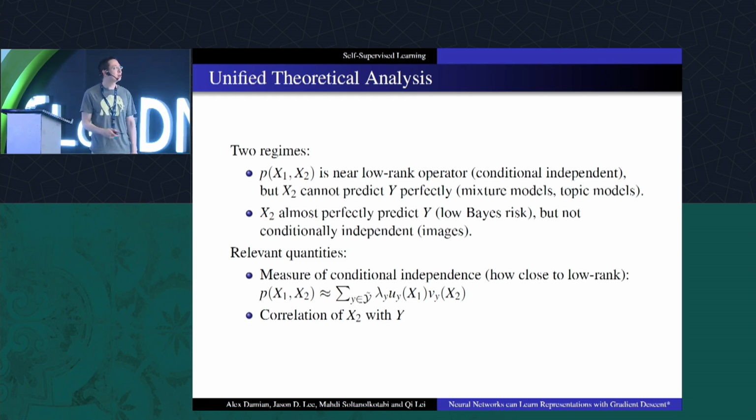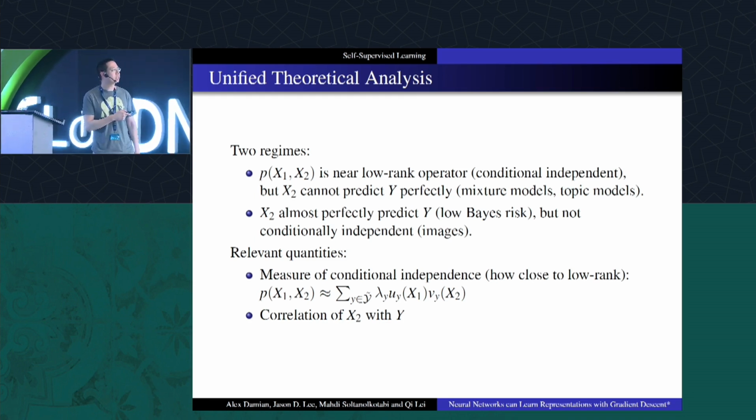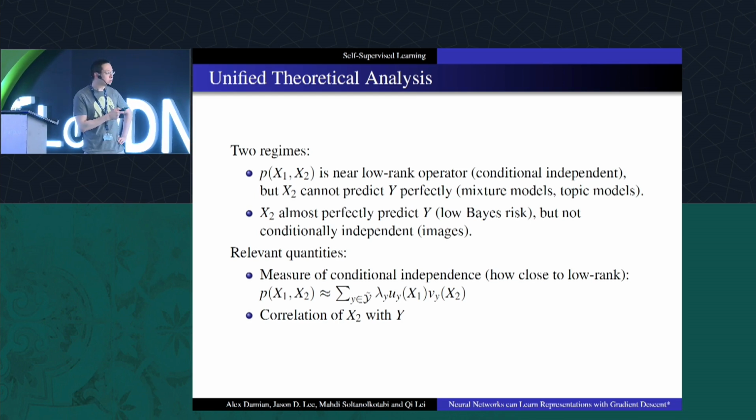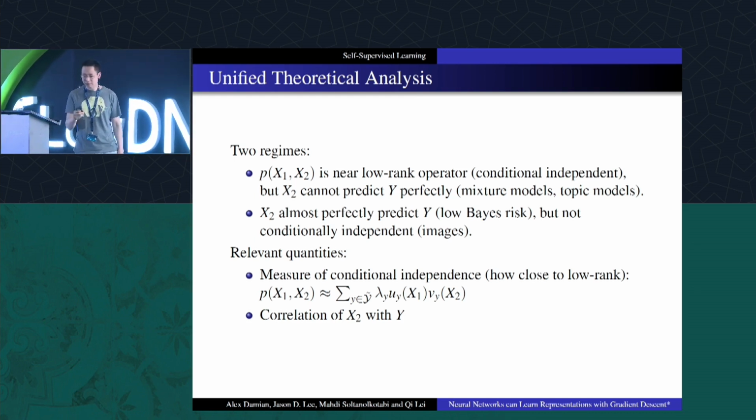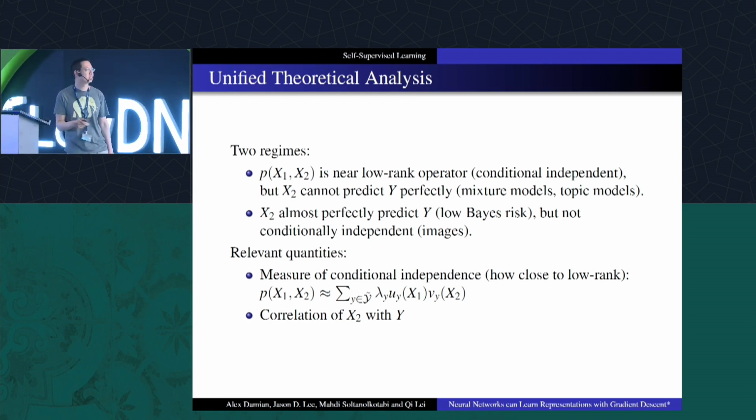The regime we usually think about for the masking methods is where the joint distribution between x1 and x2 is a nearly low rank operator. That essentially is equivalent to conditional independence, but x2 cannot perfectly predict y. Mixture models and topic models are all of this form.